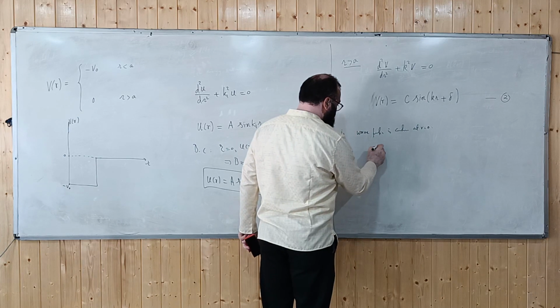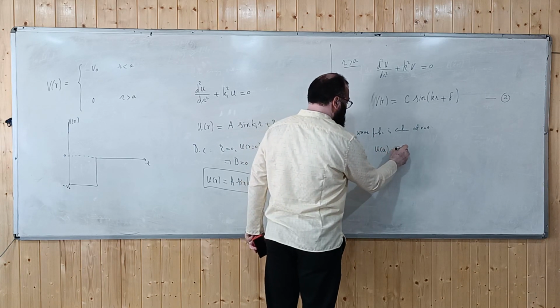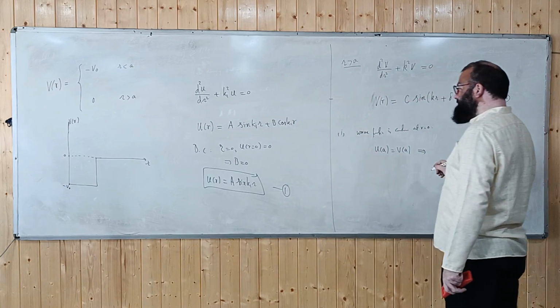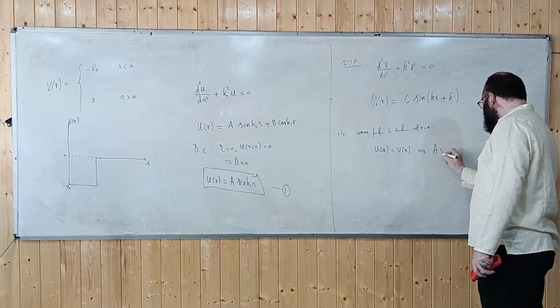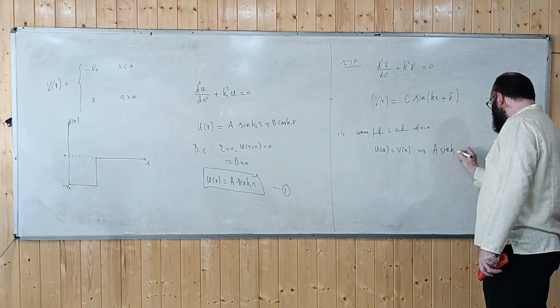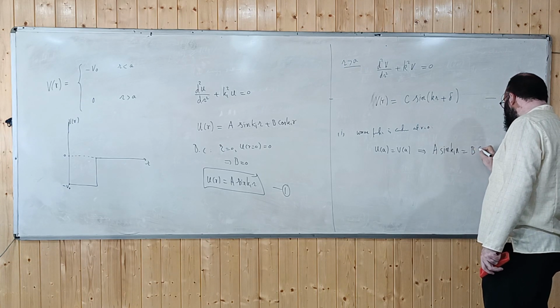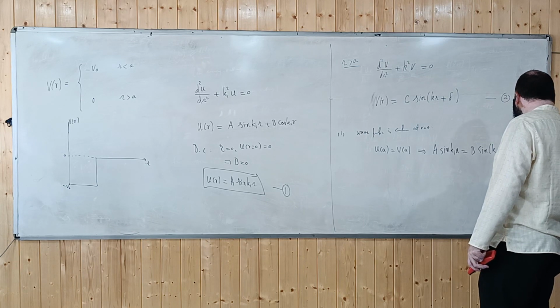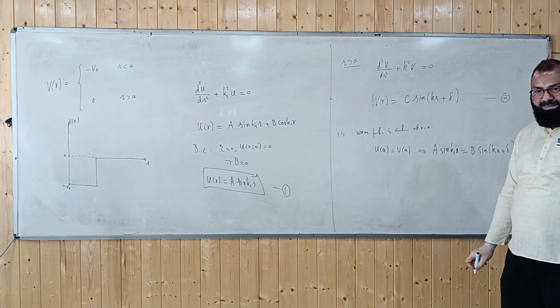So what does that mean? u of a is equal to v of a, which implies a sine of k1a is equal to c sine of (ka plus delta). Call this third.